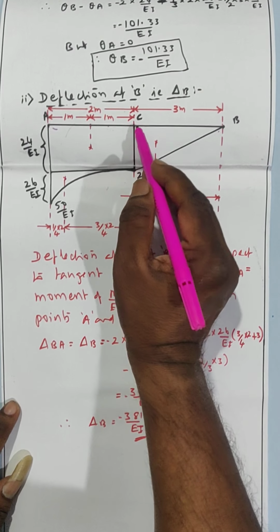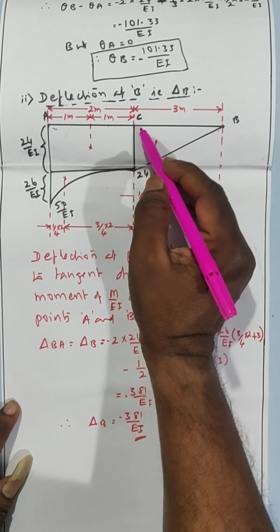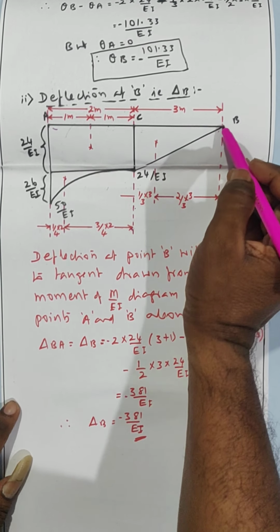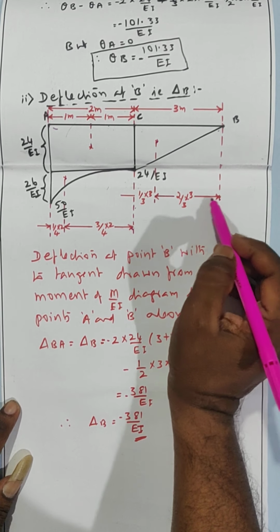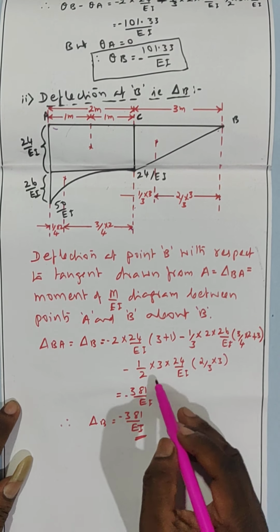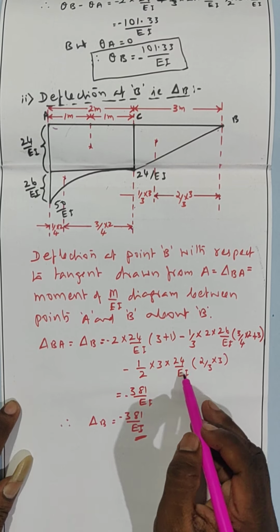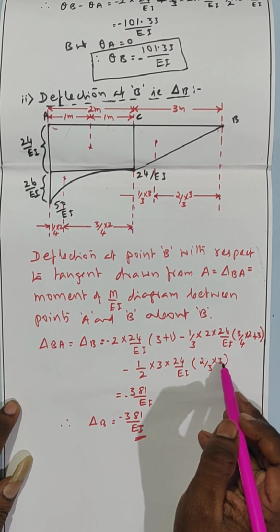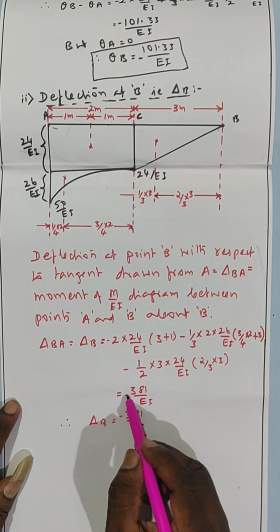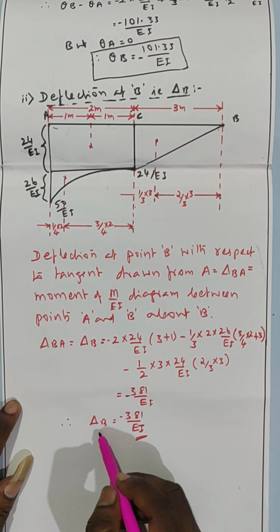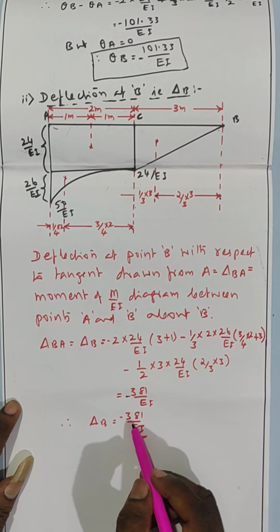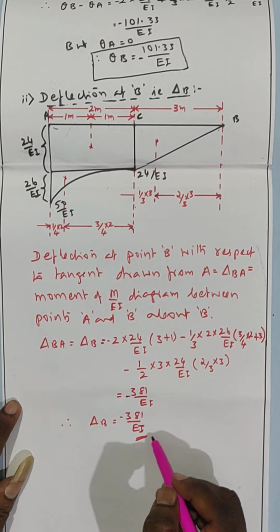Next, the moment of this triangle: area is half into 3 into 24 by EI, into its CG distance 2/3 of 3. So it is 1/2 into 3 into 24 by EI into 2/3 of 3. That comes to minus 381 by EI. Therefore, the deflection delta B directly we get is minus 381 by EI.